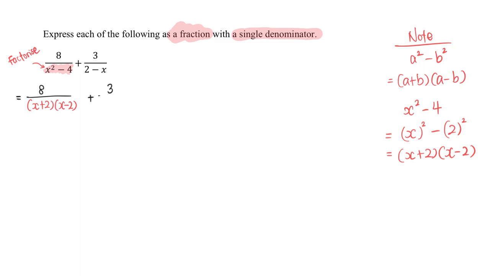And actually at this point, I saw something. I saw x minus 2 and I saw 2 minus x. In my mind, I am thinking, how can I rewrite 2 minus x such that it will become x minus 2?